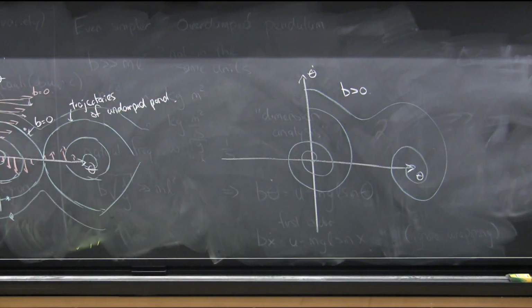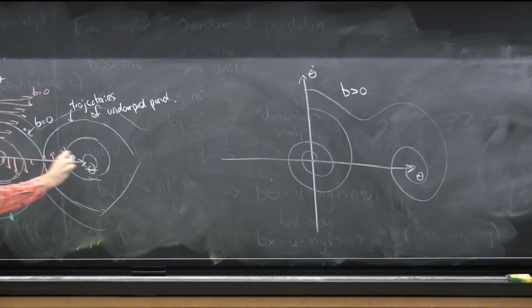Okay, it's still possible, although a little bit less nice, to look at the fixed points here. So a fixed point of this system is going to only occur when theta dot equals 0. It can only live on this axis. This is one fixed point. This is another fixed point.